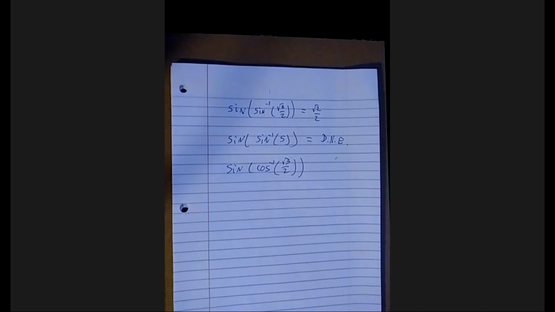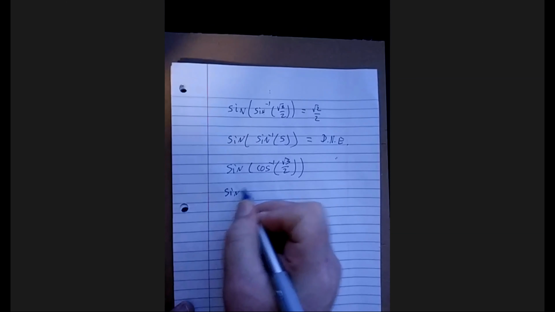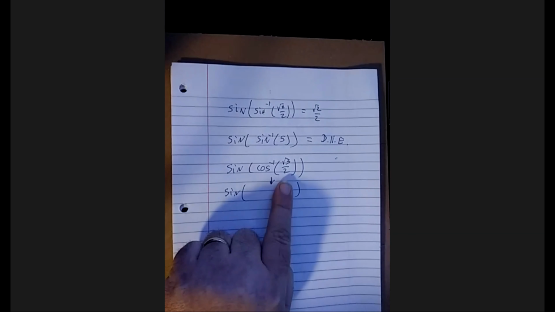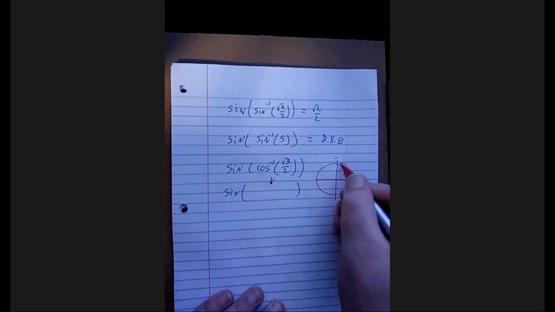Where it's a mixture of sines and cosines, like this fella here? Well, you kind of take it in two stages. The first stage is you find the inverse cosine of root 3 upon 2. So over here, I've got my unit circle.